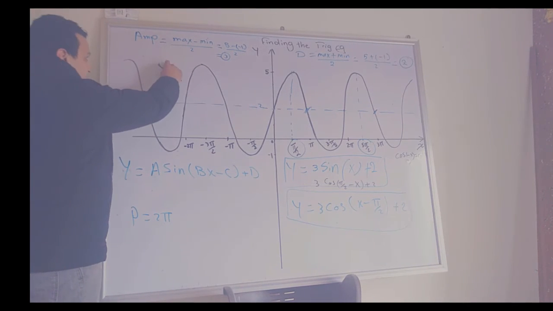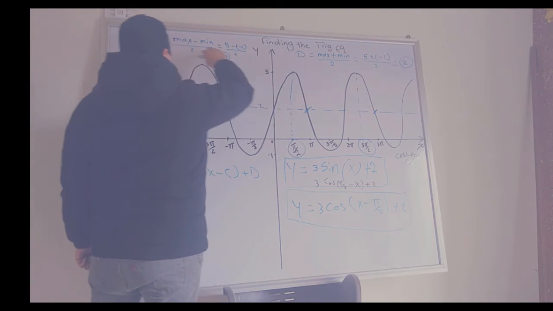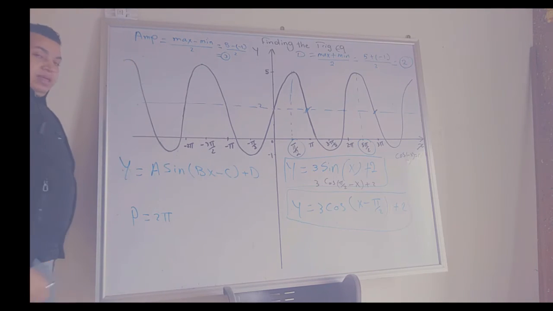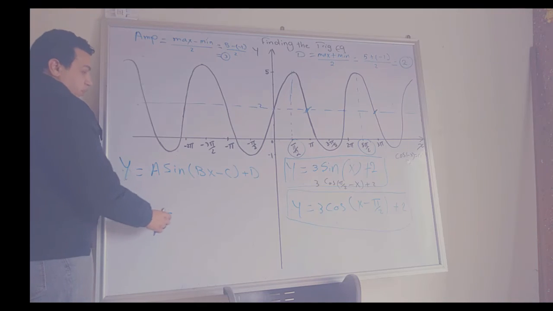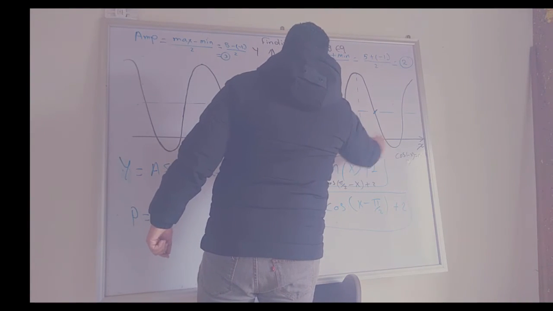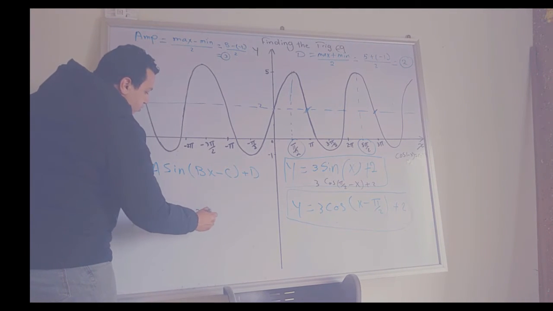We have the same a and the same d: the same vertical translation, which is 2, and the same amplitude, which is 3. The period from this point, pi, to this point, 3 pi, is 3 pi minus pi equals 2 pi, and consequently b equals 1.